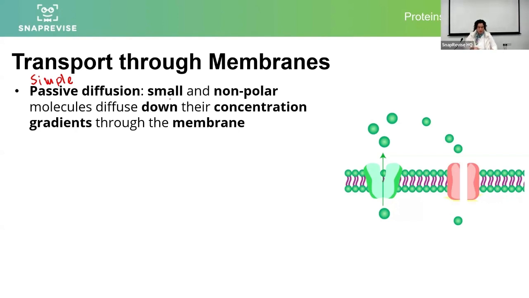Passive or simple diffusion is used for small and non-polar molecules that can diffuse down their concentration gradients through the membrane. They have to be non-polar or hydrophobic because they have to easily cross the hydrophobic core of the phospholipid tails in the cell membrane.